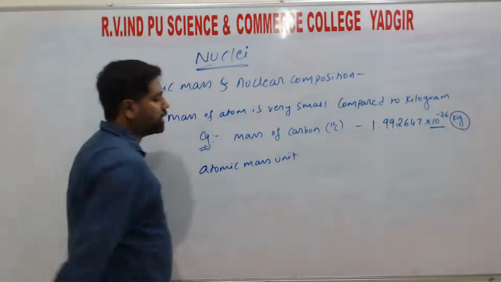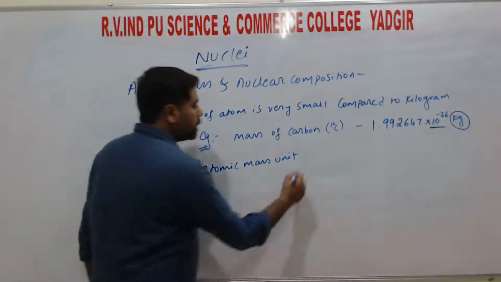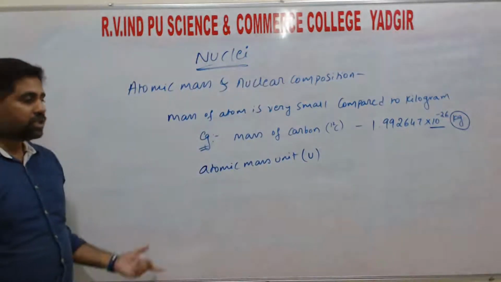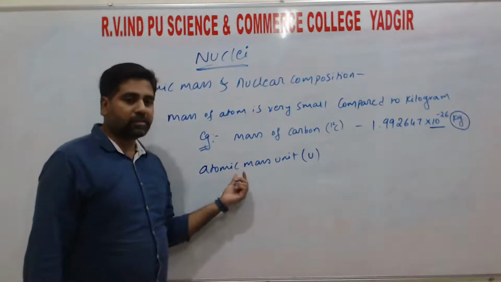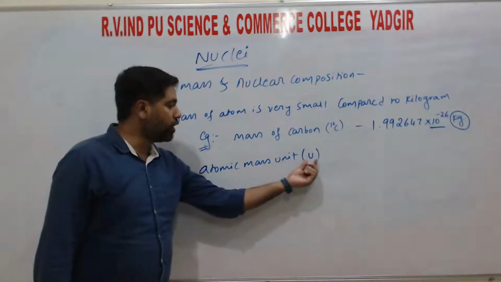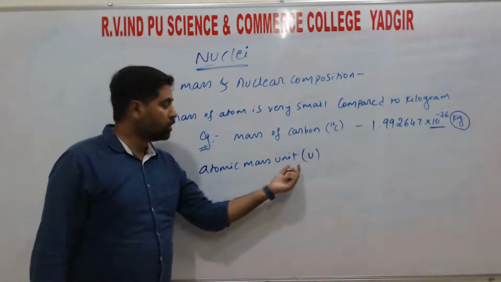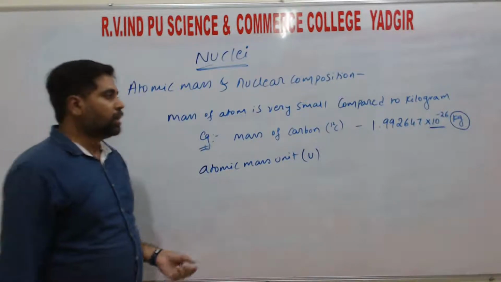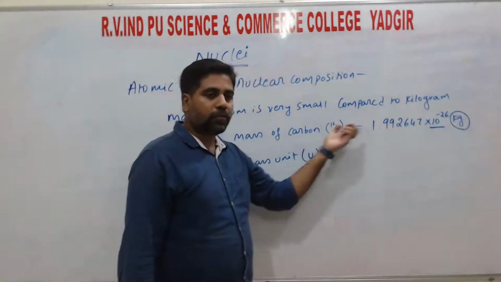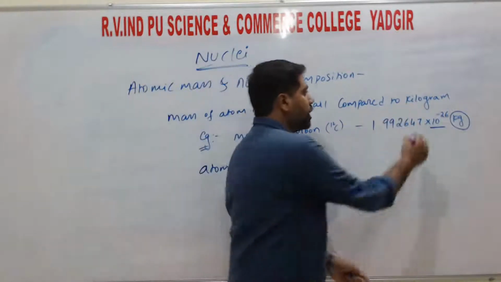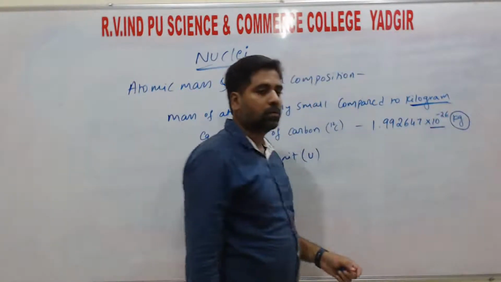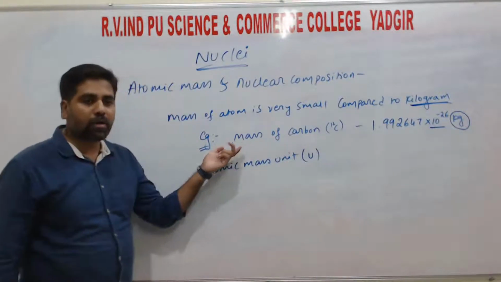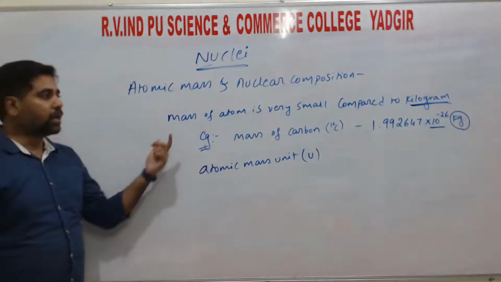unit, right? It is denoted by U. Initially we mentioned this as AMU, but here we are going to use only U, that is atomic mass unit. Why do we use this unit? Because the masses of atoms are very small compared to the kilogram, so it is not convenient to measure the masses of atoms in terms of kg.